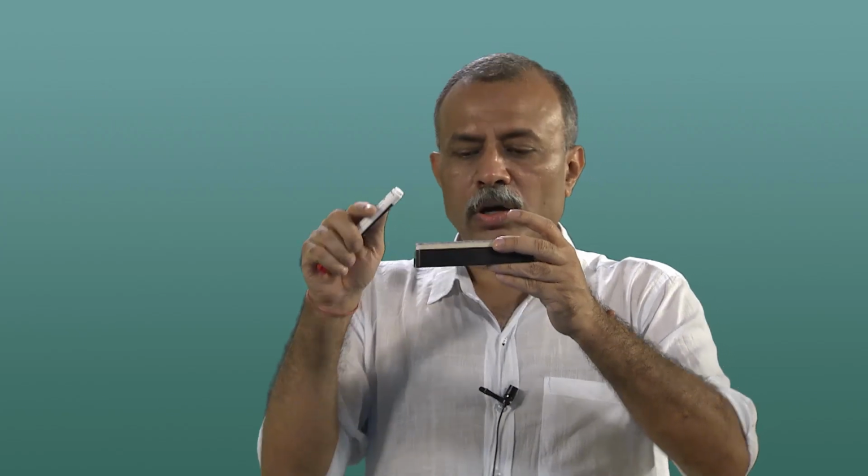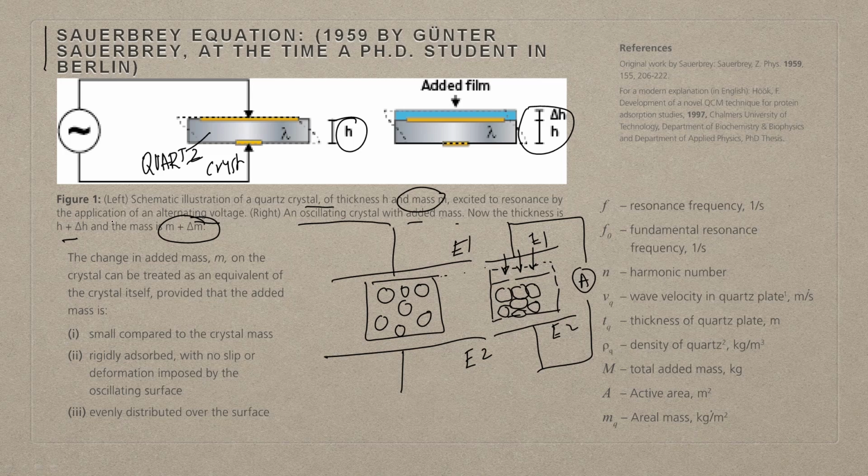The Sauerbrey equation is actually the basis of the quartz crystal microbalance, and the parameters you have to understand, and I will come again to this, are the fundamental resonance frequency, the harmonic number, the wave velocity in the quartz plate, the thickness of the quartz plate, the total added mass, the active area and active mass. I will come to that in a second again to this slide.